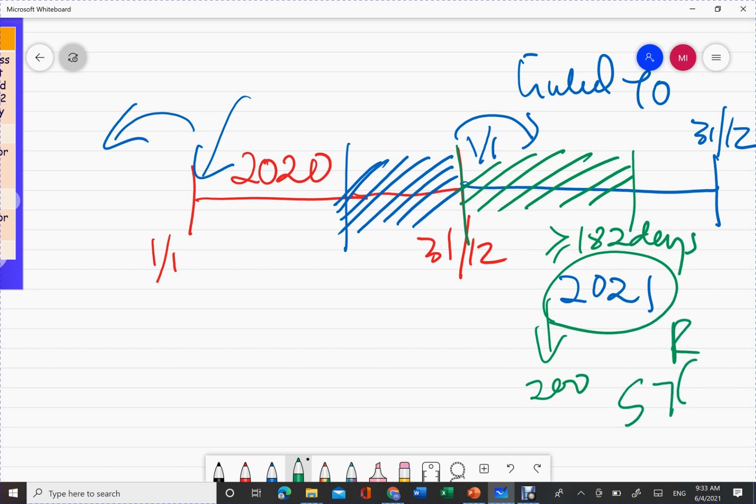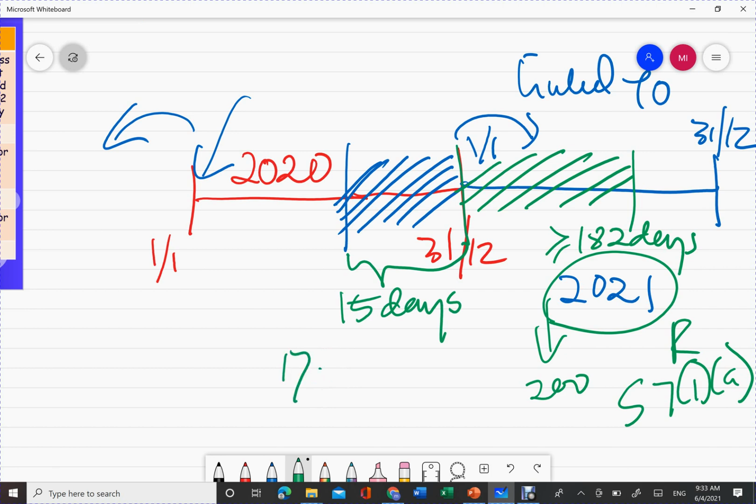Under section 7(1)(a). But the issue is, for year 2020, this person was only in Malaysia for 15 days, from, say, 17 December to 31 December. If I calculated wrongly, I'm so sorry because this is very impromptu.